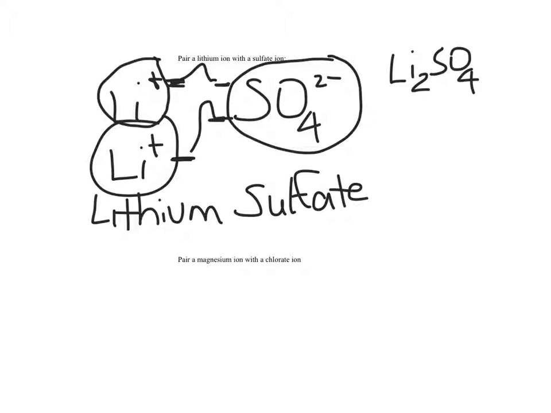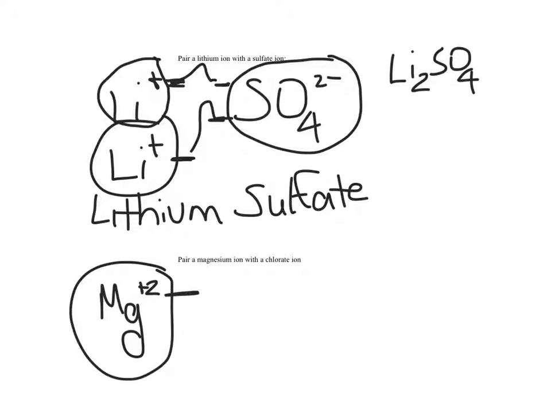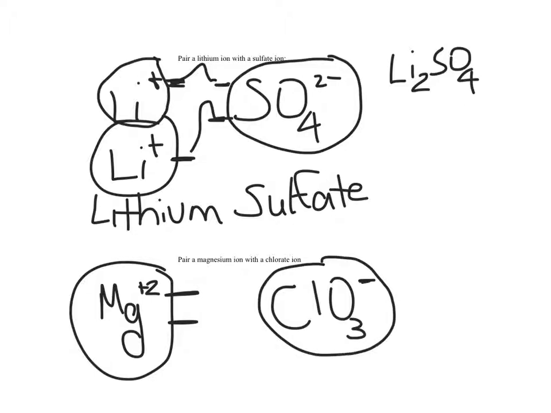Let's try another one. We're going to pair a magnesium ion with a chlorate ion. If we take a look at the periodic table, magnesium is a +2, so we draw our little ion here with its two arms. Okay? And a chlorate ion, if you look at your table of common polyatomic ions, is ClO3-1. So we draw our little ion here with one arm, -1, one arm.